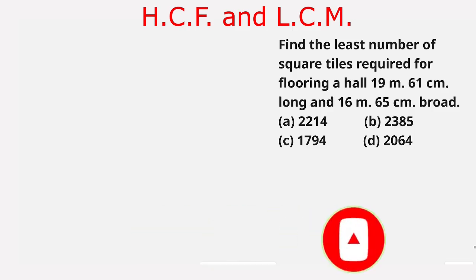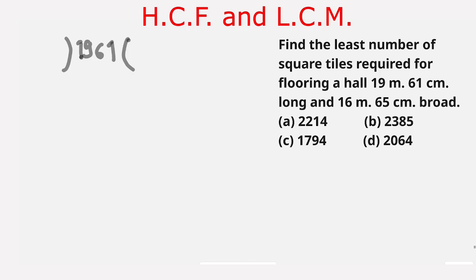We have to find the HCF of the length and breadth of the hall to find the largest square size tile. 19 meter and 61 centimeter is 1961 centimeter, and we find the HCF of its length and width by division method.